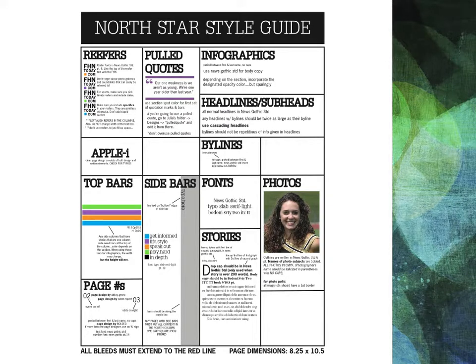So our yearbook style guide, as we started getting into the actual nitty-gritty designing of the publication, started to change as we go. This past year, for instance, we were using a body copy font that we realized partway through was bigger than we thought it was going to be.